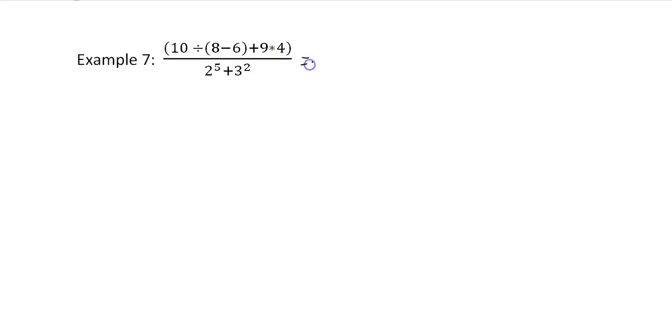So I'm going to rewrite this to be 10 divided by 2 plus 9 times 4. And because these are two separate groupings, I do not have to do this next. I can do all of the numerator and then come back and do all of the denominator. Personally, I generally like to do that unless I can see that there might be a trick to it. And I'll show you a case where that's also the fact.